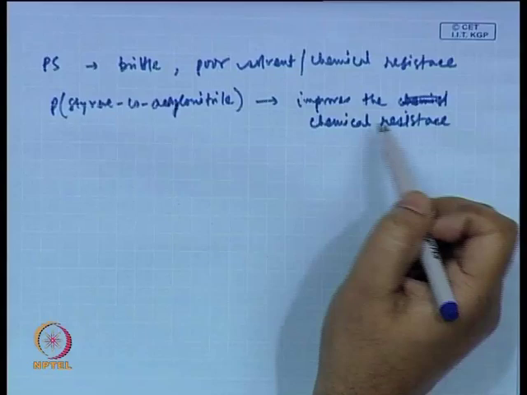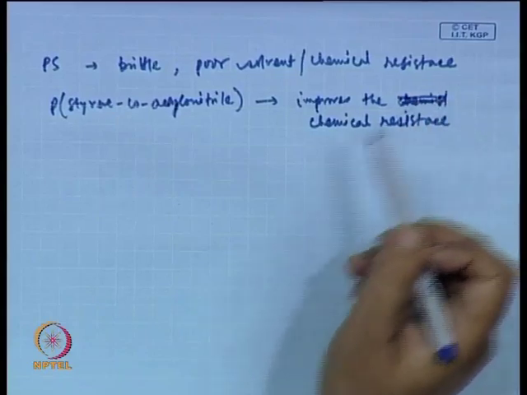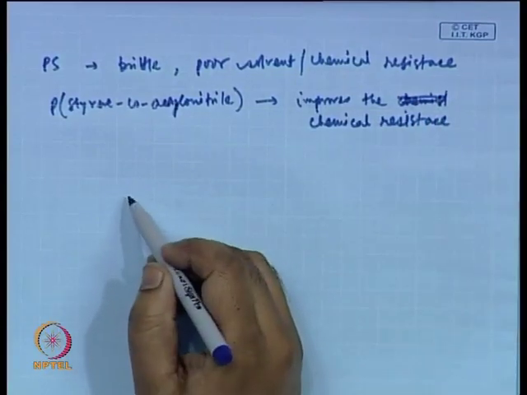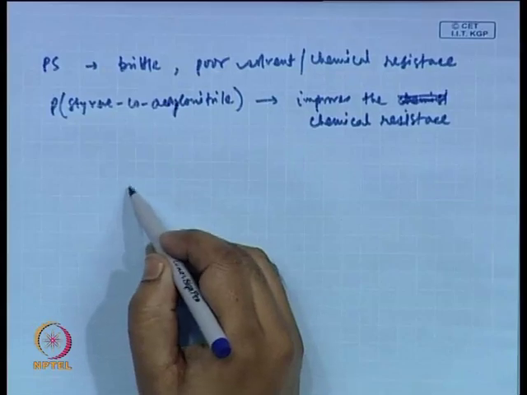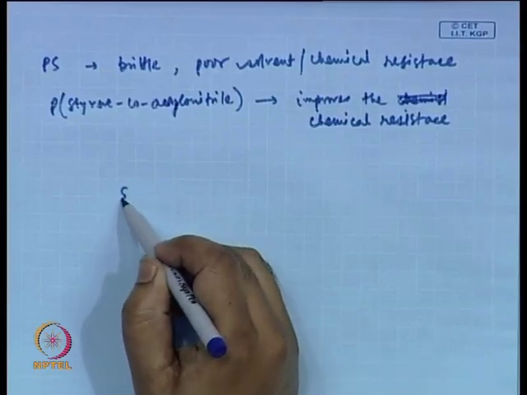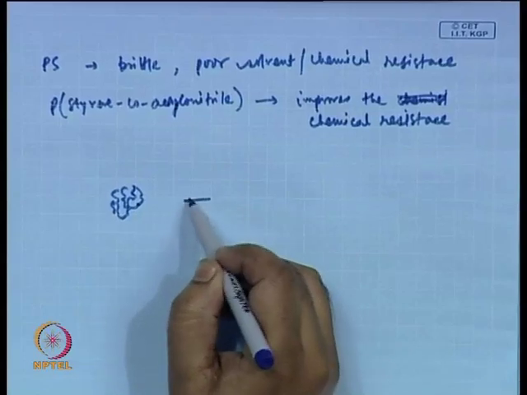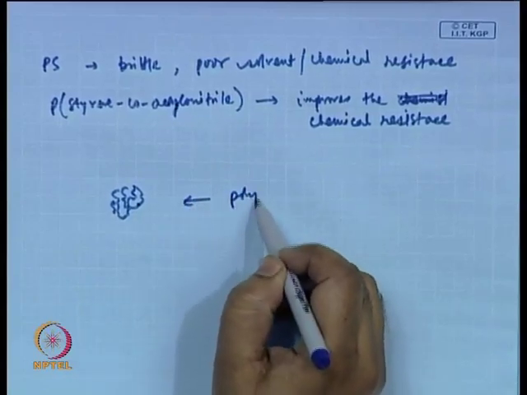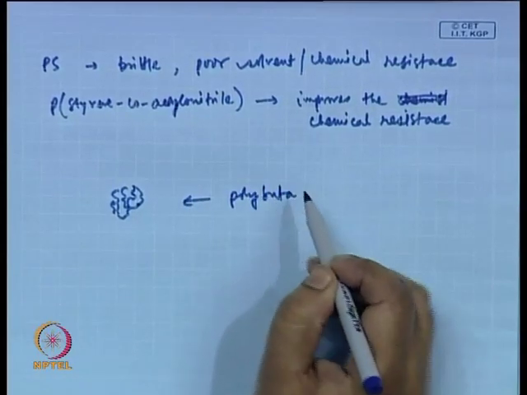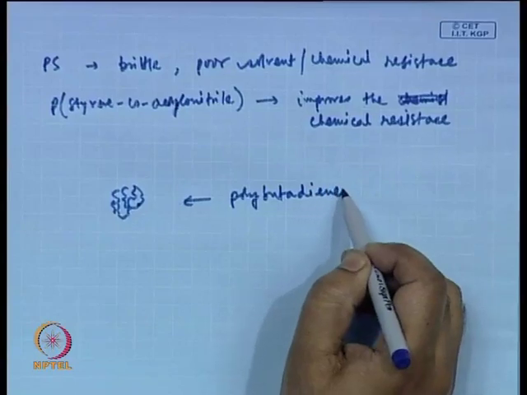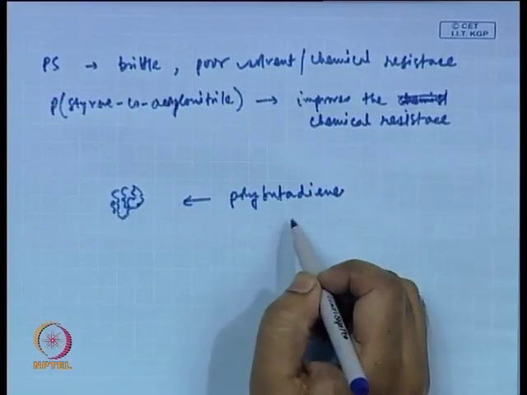So, what is done industrially, you make a rubbery core of polybutadiene, say by emulsion method.